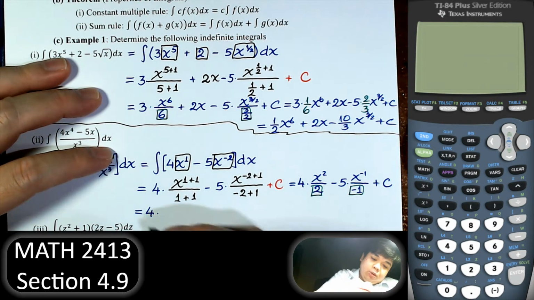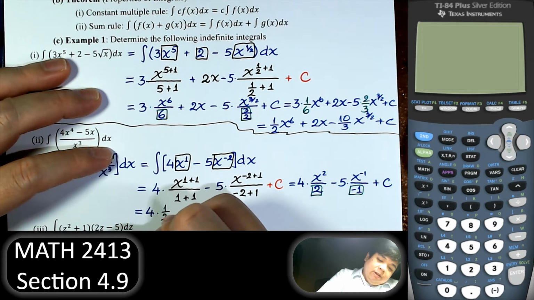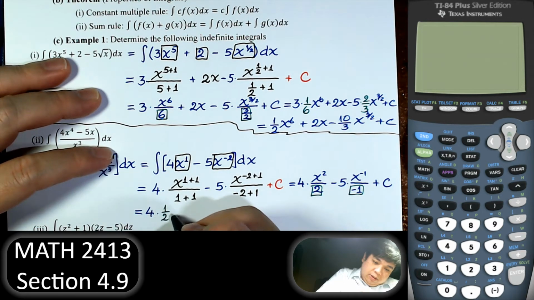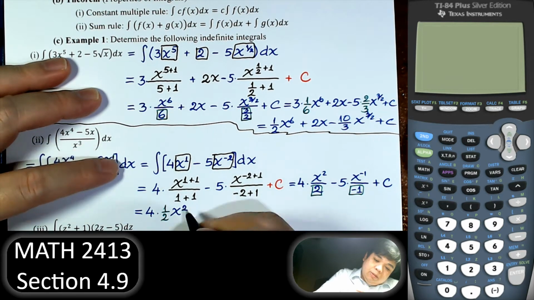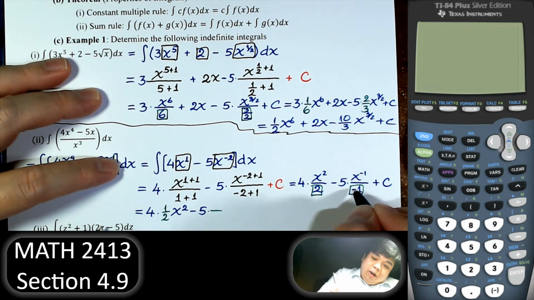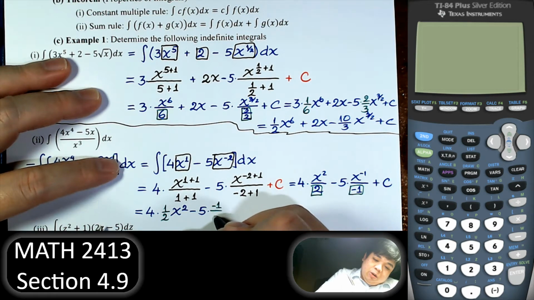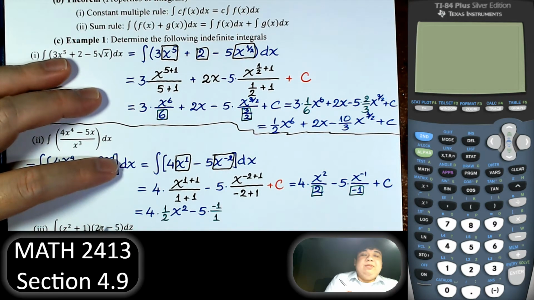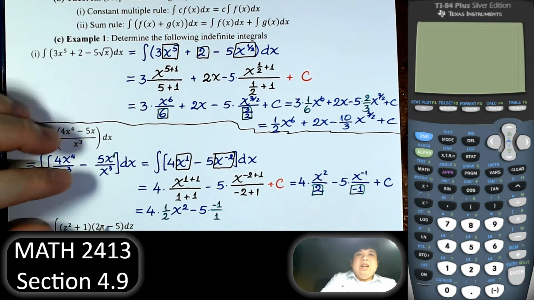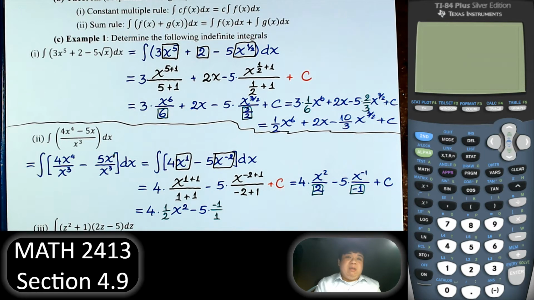Divide by 2, multiply by 1/2. Divide by negative 1, reciprocal.